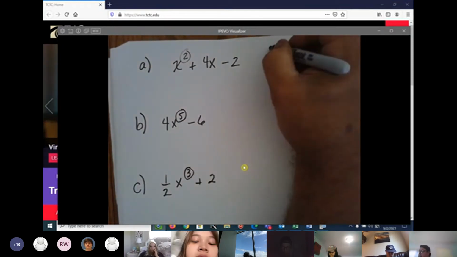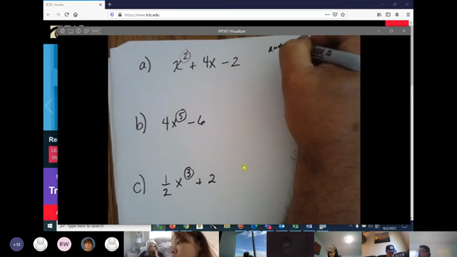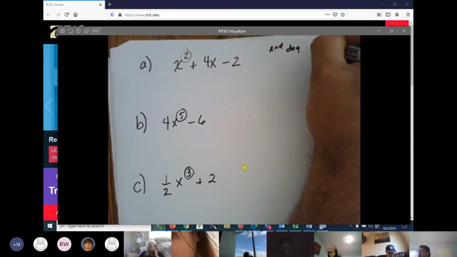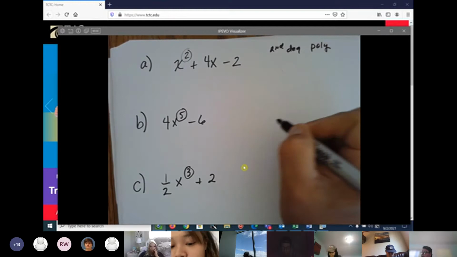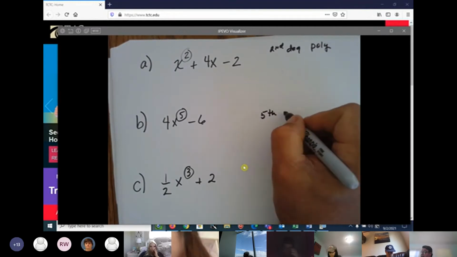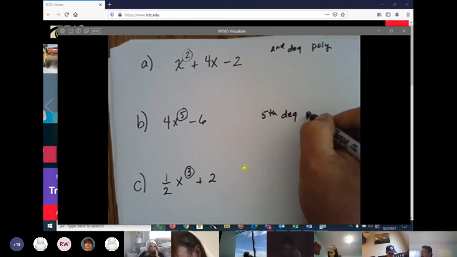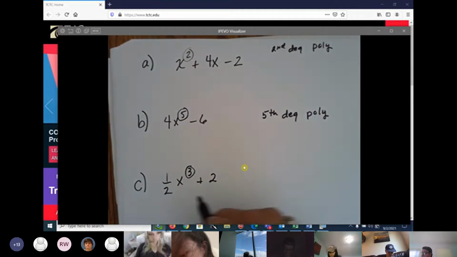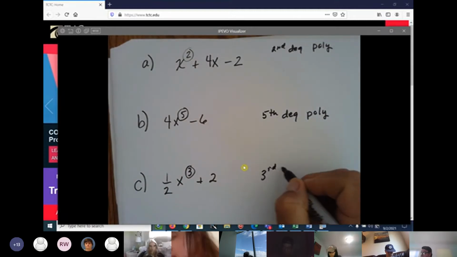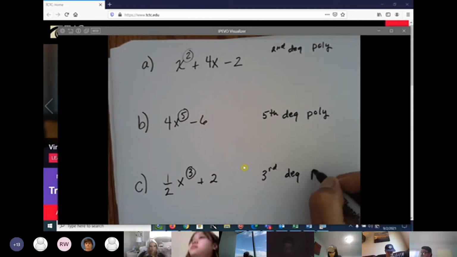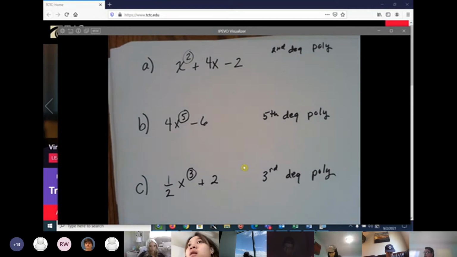So let's write that down. 2nd degree polynomial. This is a 5th degree polynomial. And this is a 3rd degree polynomial. What else can we tell about this?